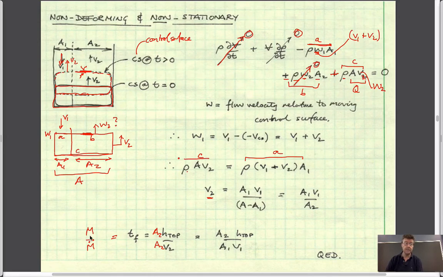mass flow rates in. So in other words, what is this? This is the area times the height. So this is the total volume, which is A2 times H top. The mass rate in is not A2, is it? It's A1 times.